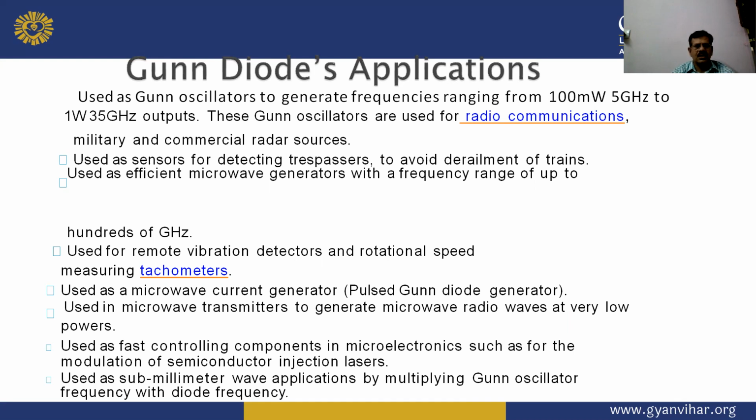And also the Gunn diode is used in sub-millimeter wave applications by multiplying the Gunn oscillator frequency with the diode frequency. So these are some applications of the Gunn diode.